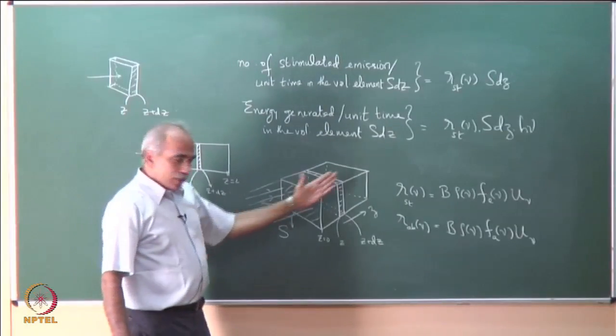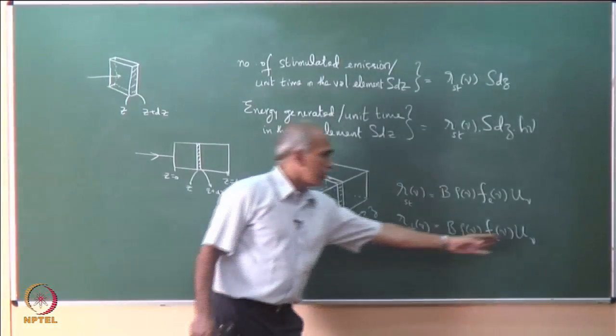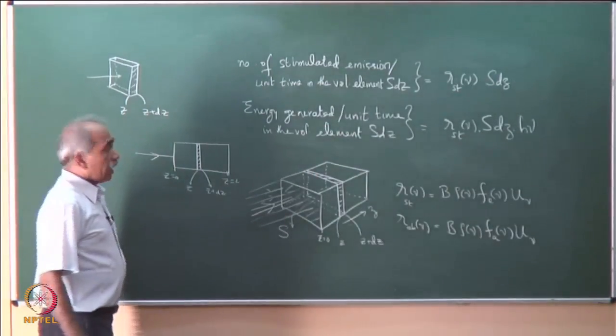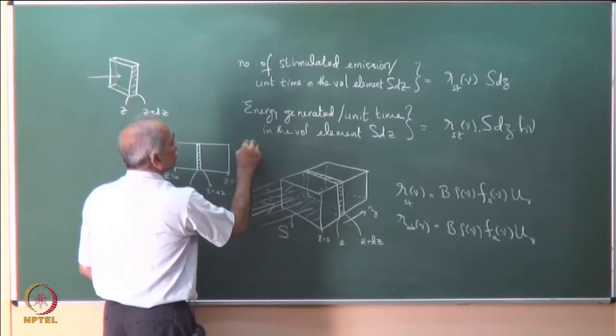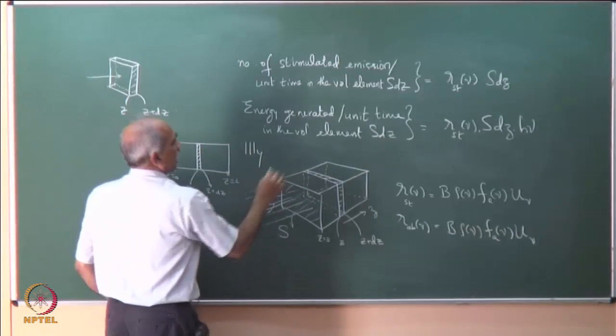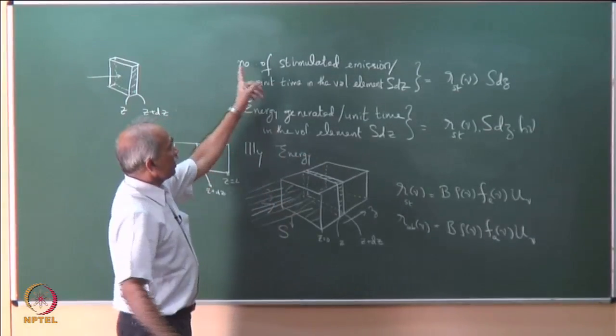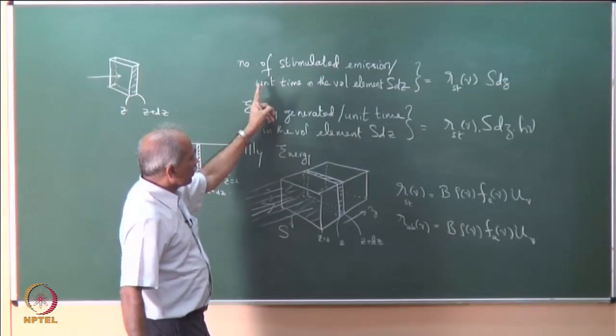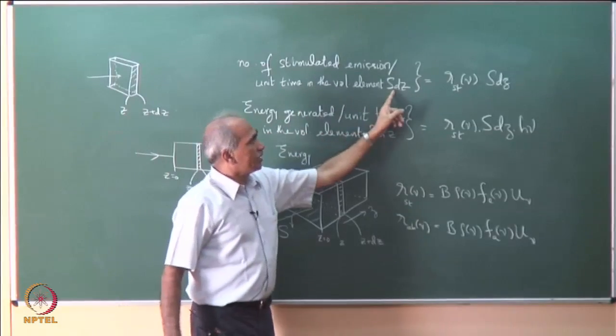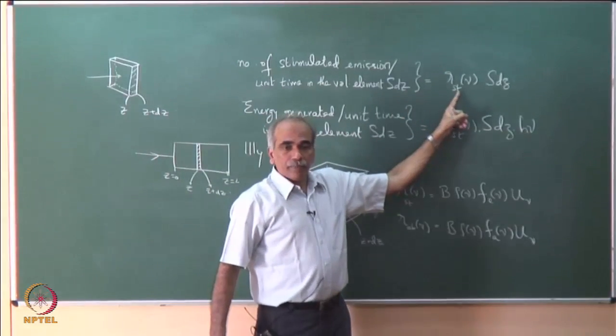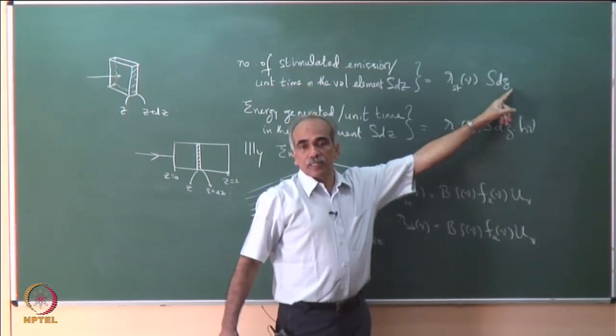There is a radiation of energy density u nu present, and therefore, similarly, for energy absorbed, I can find out the number of absorptions per unit time in the volume element S dz, which will be R A B into nu into S dz.